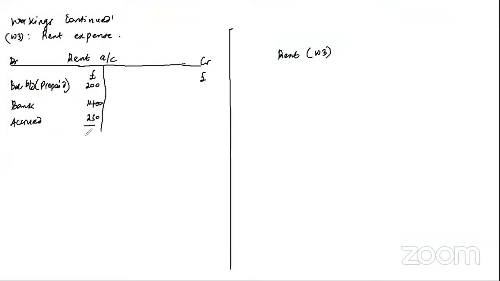So when you balance off this, your balancing figure will go to the statement of profit or loss. This is 400 plus 1,400 plus 250. This gives us 1,850.